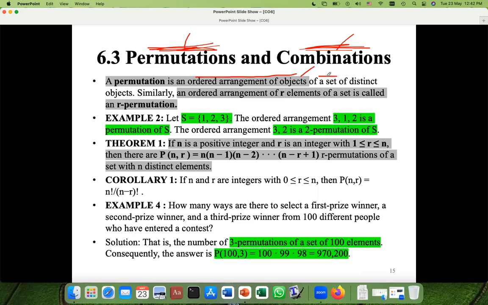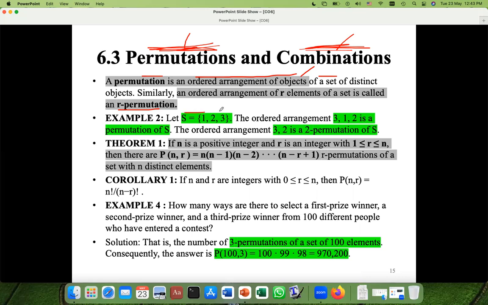From that set of permutations, you can take a small portion, and if you take that small portion, you can call that an R permutation. R depicts the number of elements or terms in that permutation.